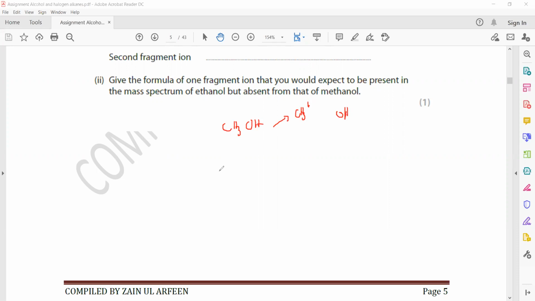But if we have ethanol, ethanol is C2H5OH. So it will dissociate into C2H5 and OH. So C2H5 we can find in ethanol, but we cannot find in methanol.